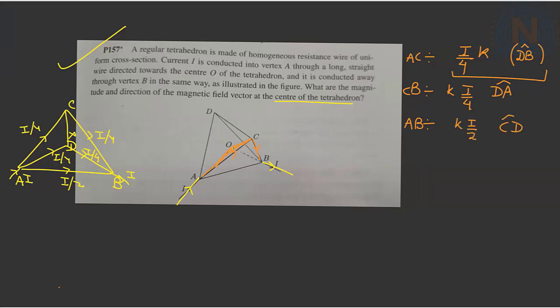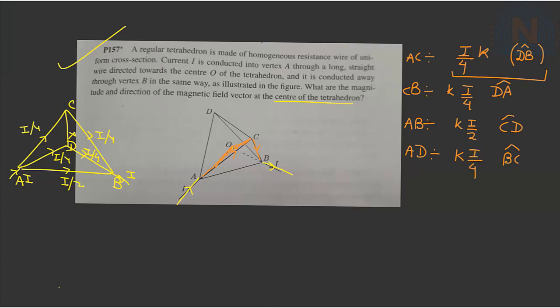The current there is I by 2, using those properties. Then I'm writing AD. AD is coming out as BC cap, and here also it is K into the current in AD, which was I by 4, so KI by 4.